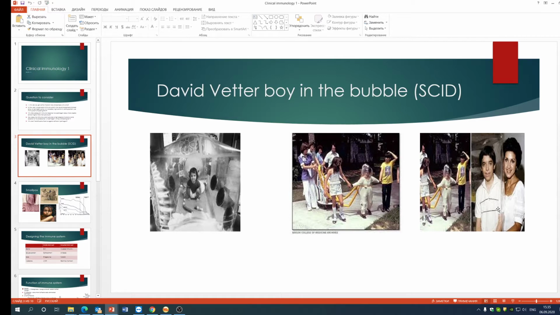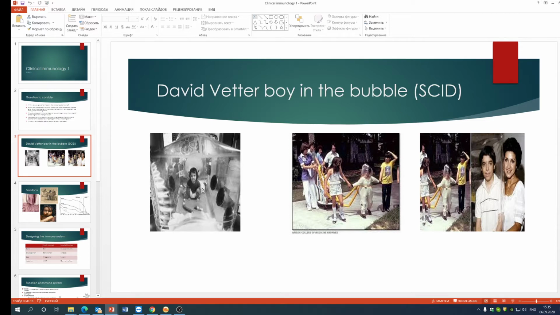It was a brilliant idea: if you don't have a functioning immune system, you can't protect yourself from pathogens, so he was protected from pathogens, born through caesarean section, and basically lived his entire life in a plastic bubble.